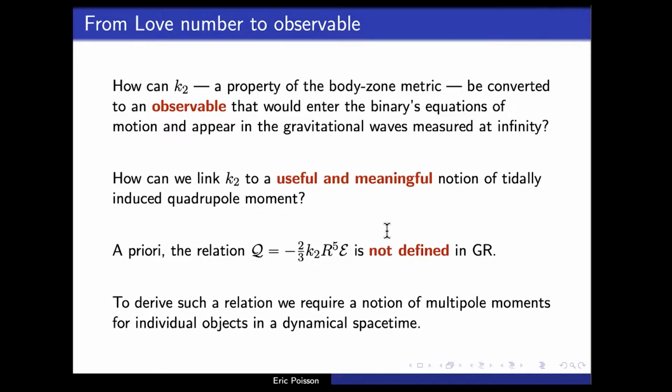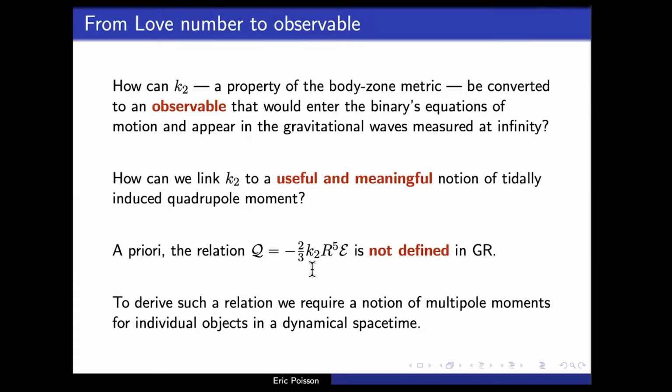So to me, that was the central question all along, and it seemed to me that in the literature and for a lot of people, this was a question that needed to be posed, and a question for which we already had an answer. And the answer was in fact provided by Newtonian theory. Newtonian theory makes a very direct relationship between the quadrupole moment that corresponds to the tidal deformation of the body and the Love number.